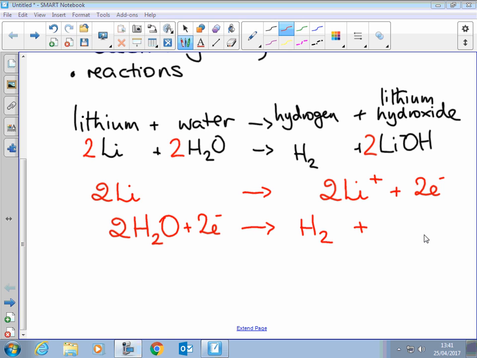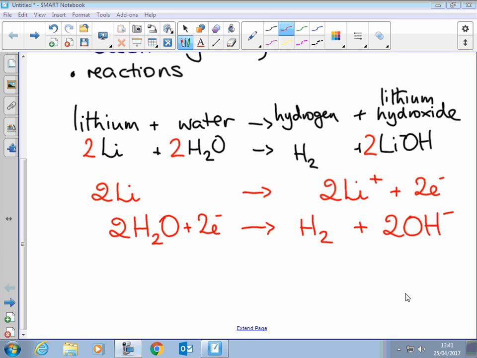It's 2OH minus. I pointed to those in the wrong order anyway. So that looks like 2OH minuses. Something to be a little bit careful of. It's not a very good equation, but that is actually what's going on in that reaction.